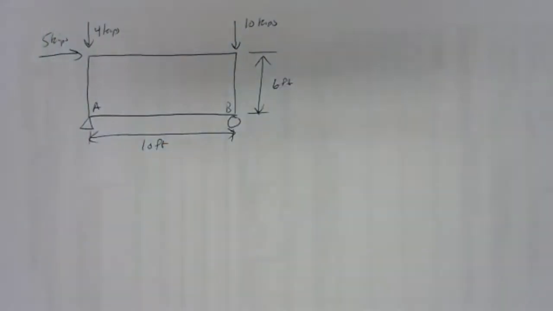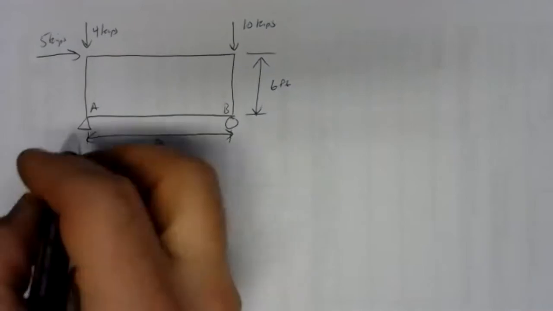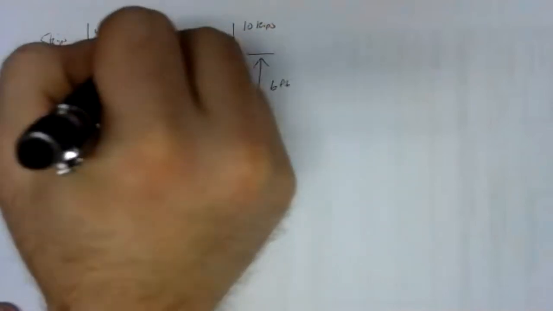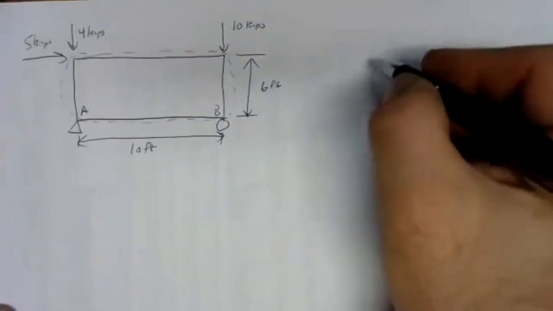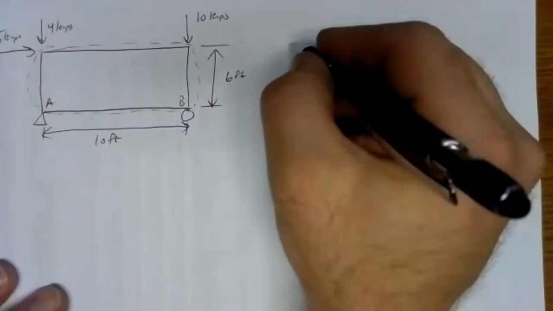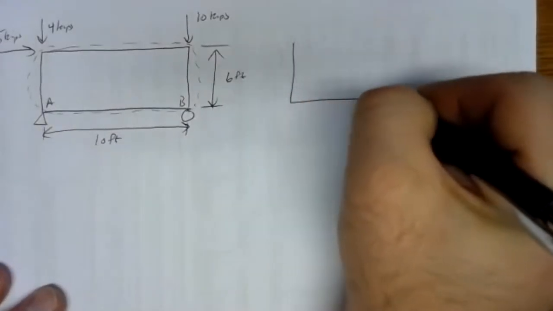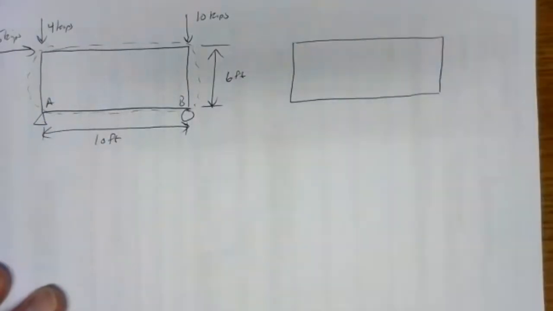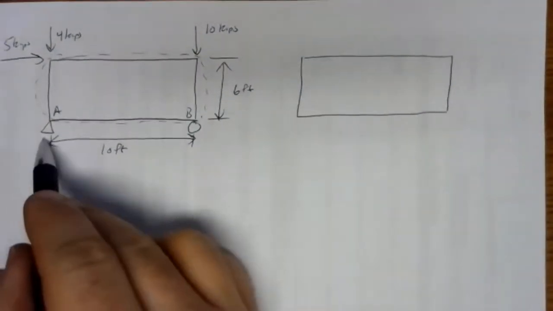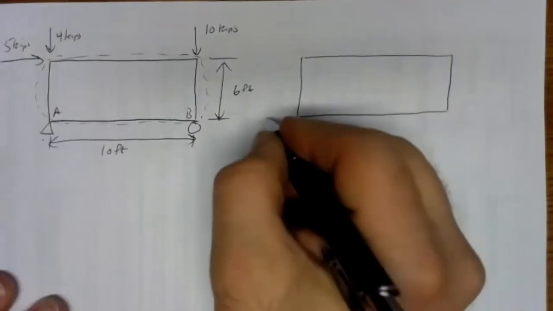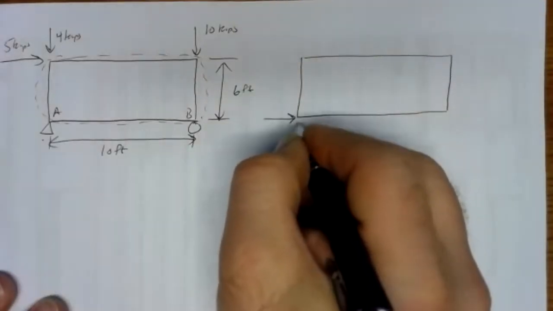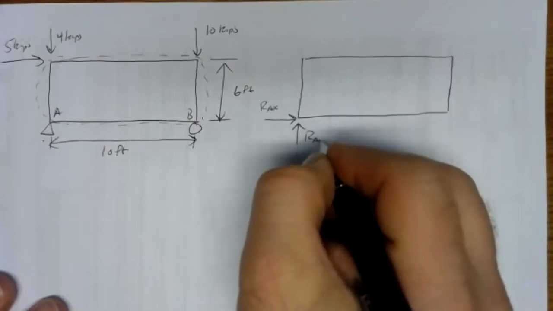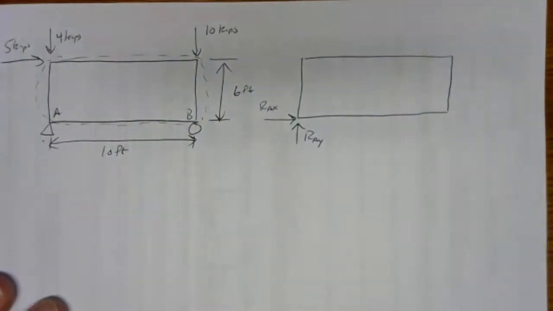The first thing we really need is a free body diagram. And in the external problem, our system is the truss. So the truss is the universe. It's everything we care about. And we're just looking at what touches the edges of that. So there's our truss. We have a support at A that's a pinned support, so that generates two reaction forces, RAX and RAY.